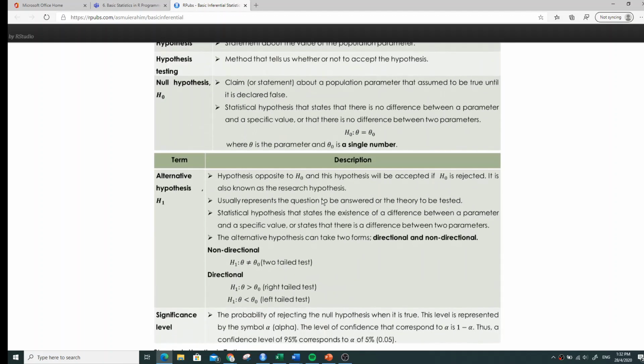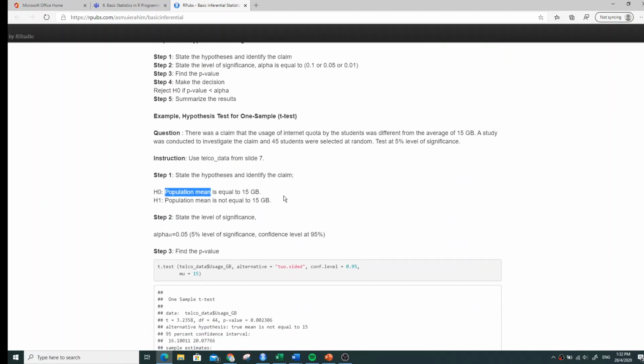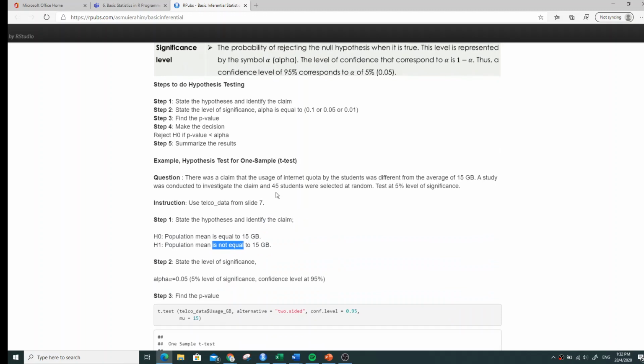The alternative hypothesis is divided into two, which are non-directional and directional. If we say, as an example here, not equal to, this is non-directional. You don't mind whether the value is less than 15 or greater than 15.